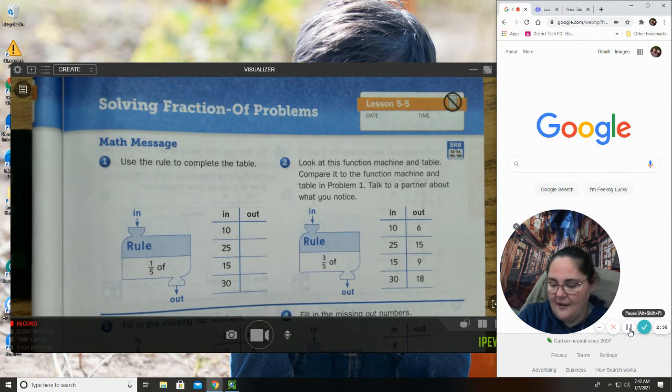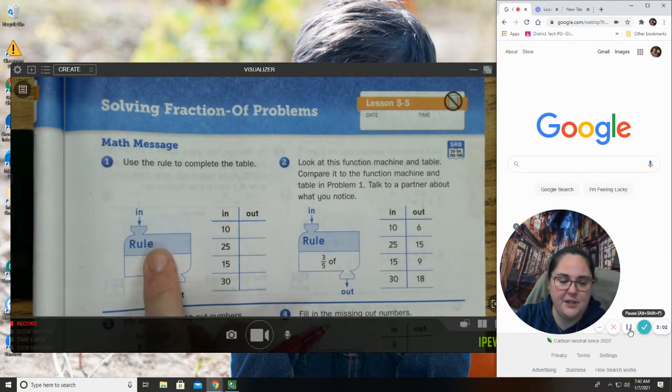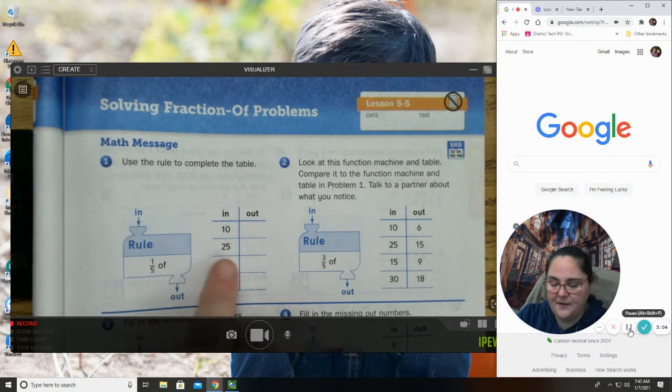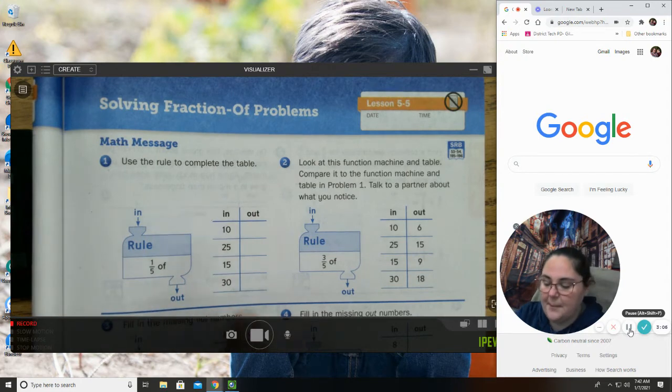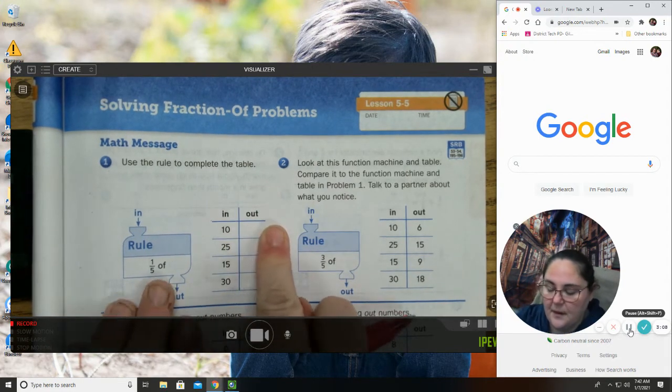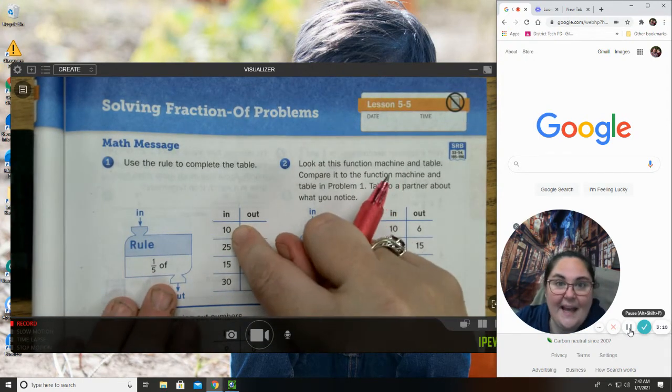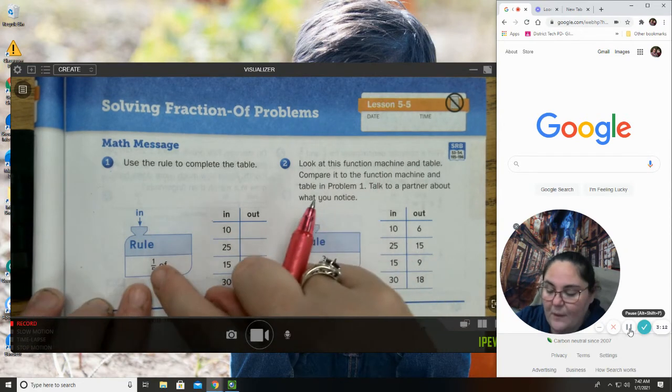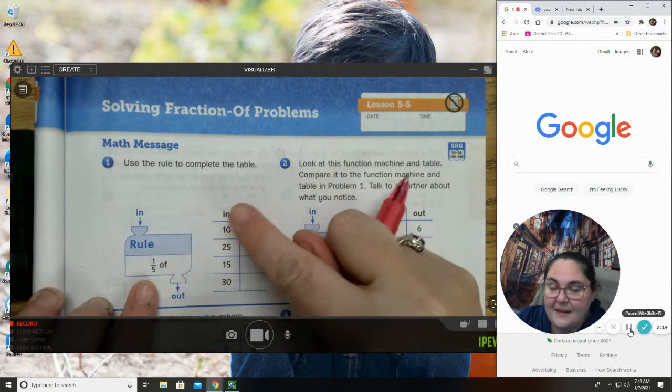So, fraction of problems. We've seen these before. These are our little math machines where you have a rule and then you have to figure out your answer. We have an in number and an out number. My in number is 10, so I need to find 1/5 of 10.